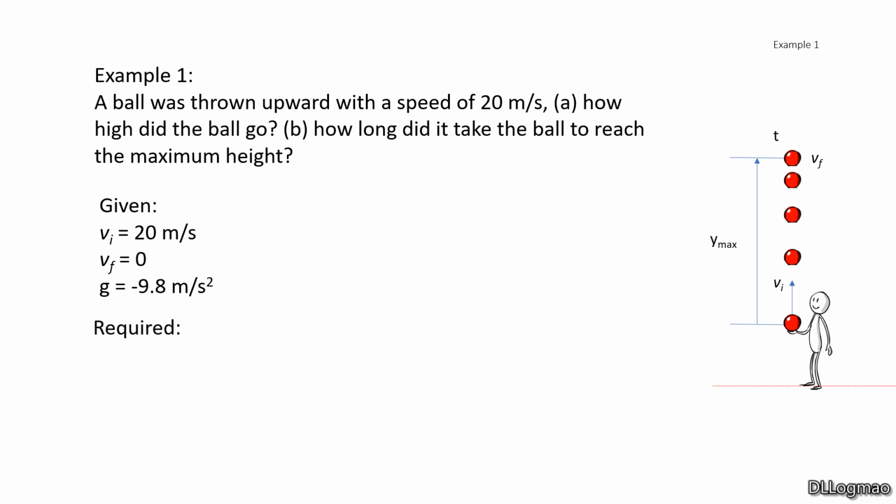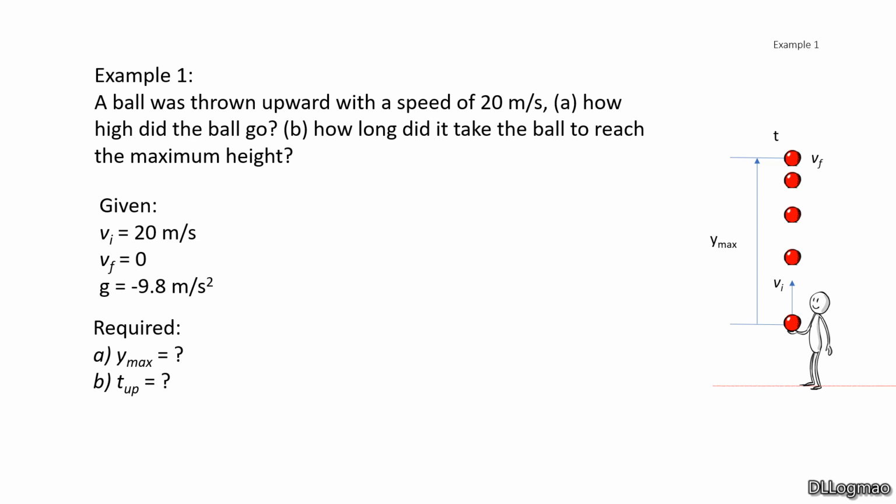What are asked to determine in the problem? The maximum height reached by the ball, y sub max, and the time taken by the ball to reach the maximum height, t sub up.